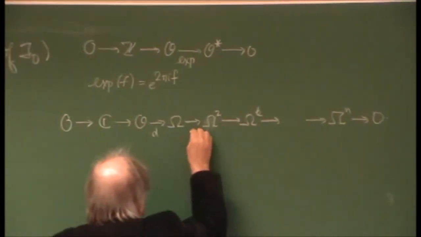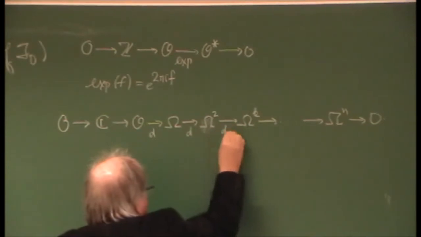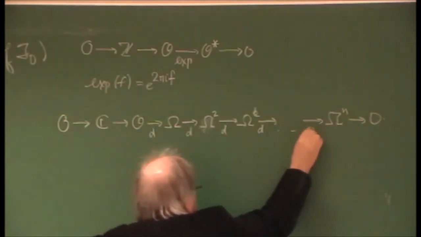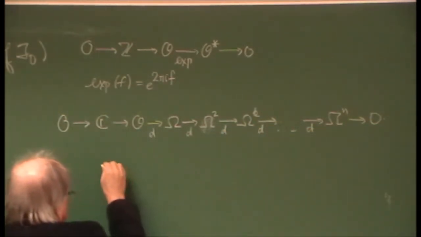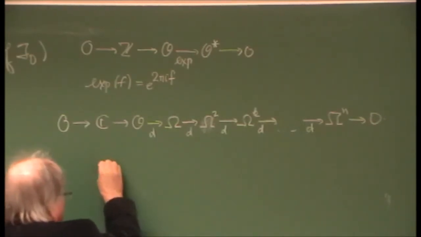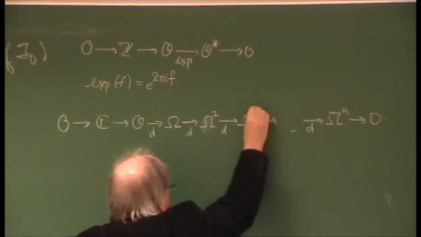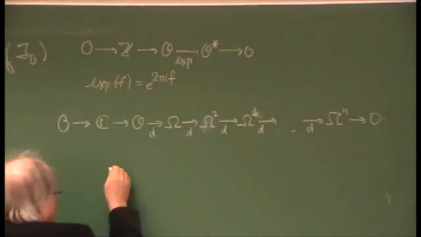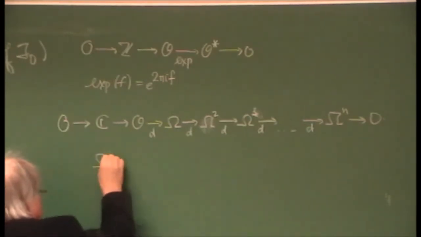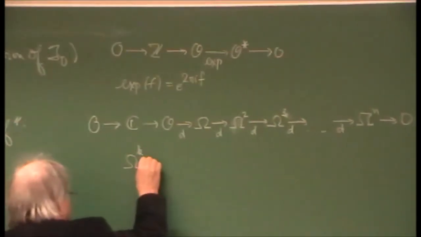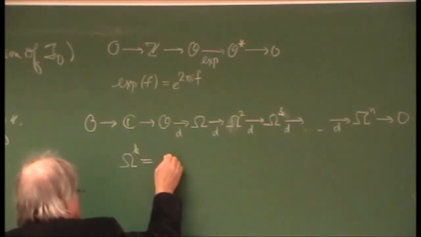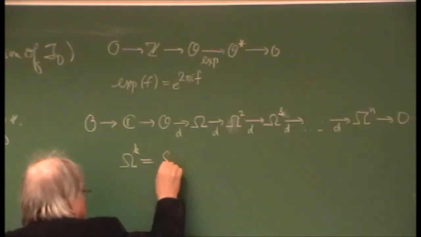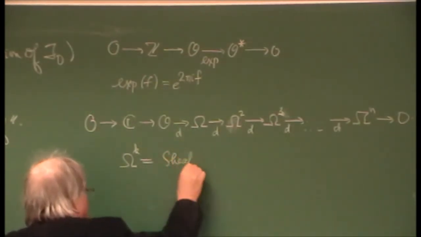And these mappings are d. Is that a 3 there instead of k? It certainly is. Thank you. And now what this means, omega k, this is the sheaf of germs of holomorphic k-forms.